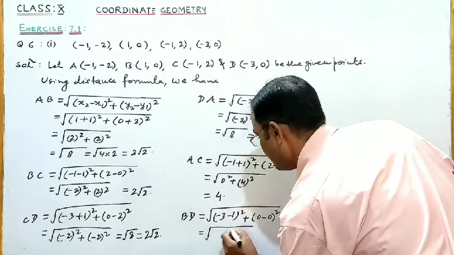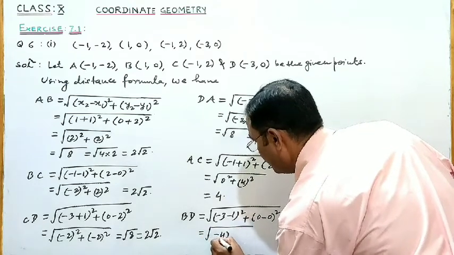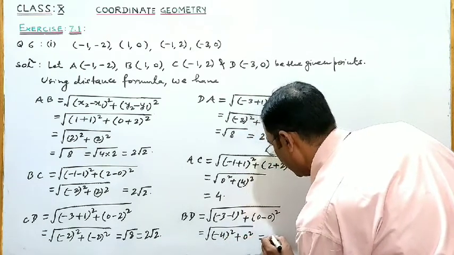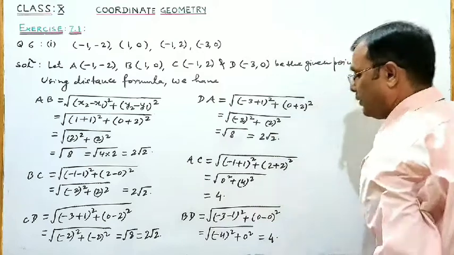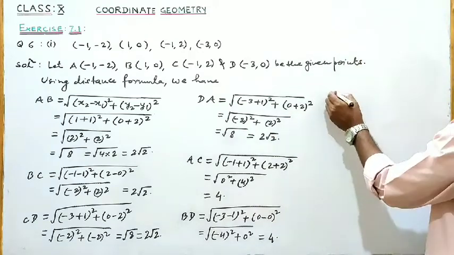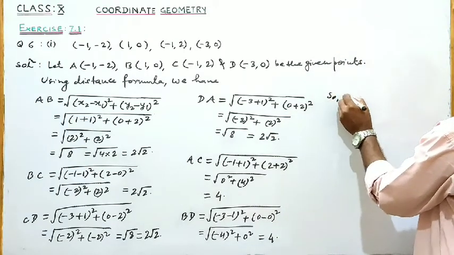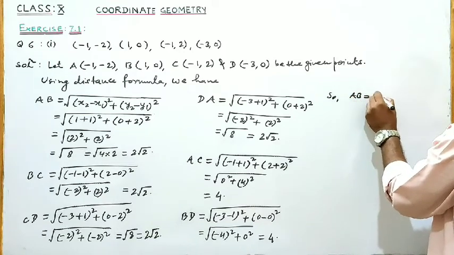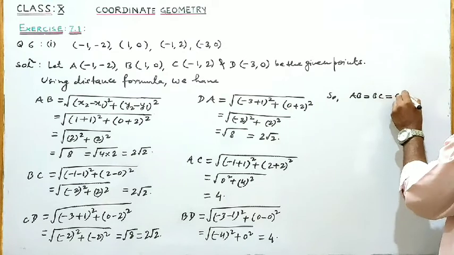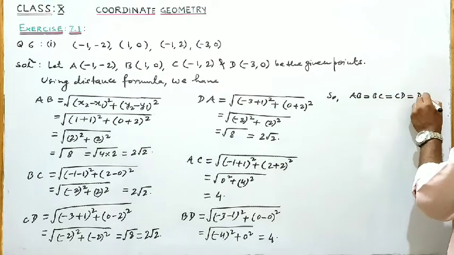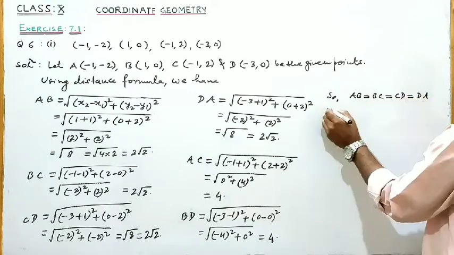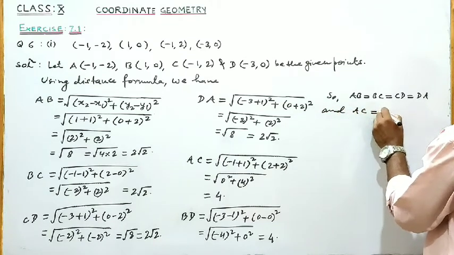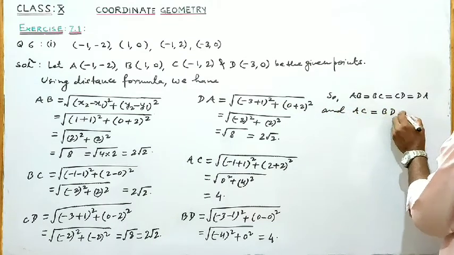This is under root minus 4 square plus 0 square is 4 units. So AB is equal to BC is equal to CD is equal to DA, and AC is equal to BD.